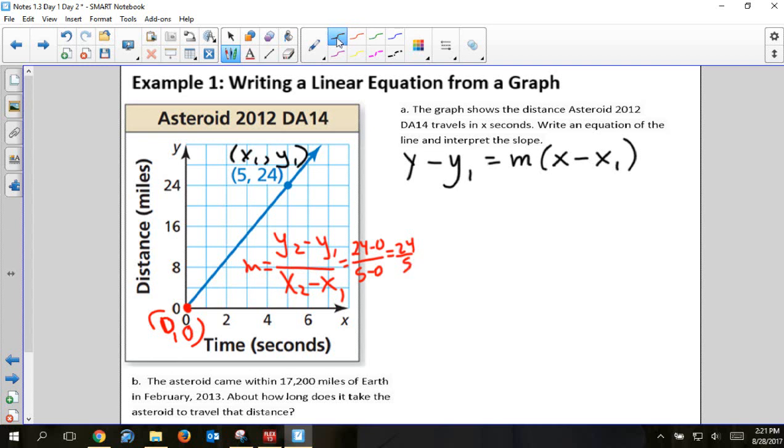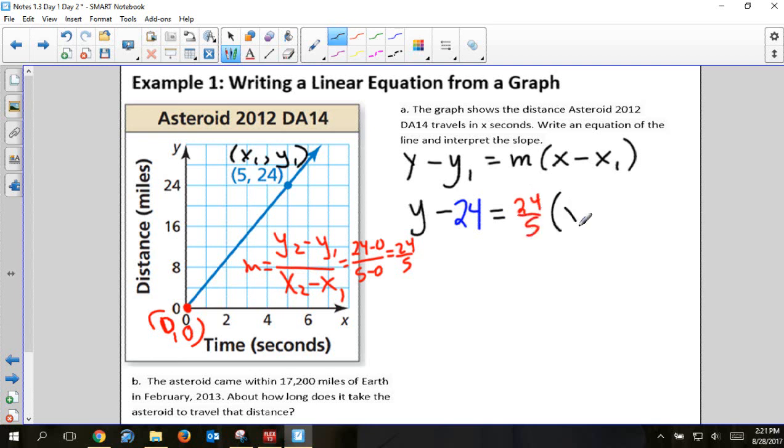So we're going to plug it into point slope form. When you plug it into point slope form, you leave the first y alone. So it's just y minus. Then you do your y1, which was 24. Then you leave the equal sign. And we put in our slope, 24/5.